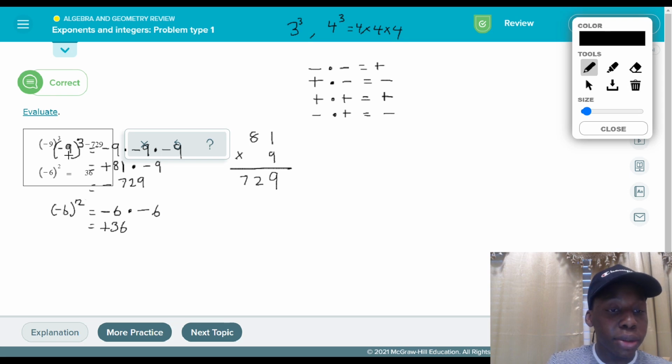The number in this case was minus 9, and I needed to multiply it 3 times because the exponent was 3. That gave me minus 729. Always remember to start with the first two numbers from the left, and make use of the products of signs that I've given over here.